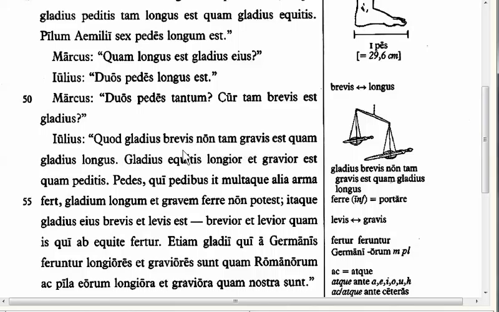So the declension here, we'd have brevis, brevem, and then brevis for the genitive, and brevi for the dative, and brevi again for the ablative singular.